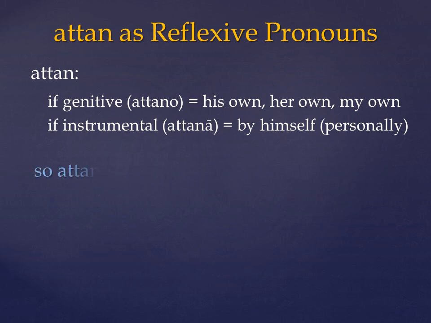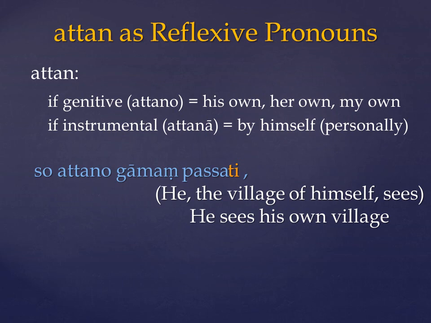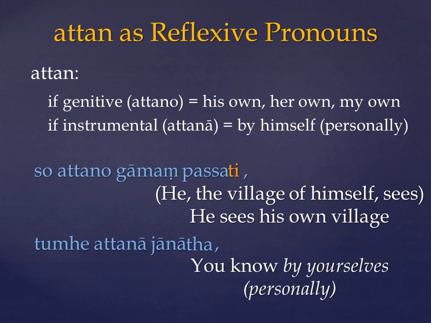For instance, so attano gāmaṃ passati literally is he the village of himself sees, or more simply, he sees his own village. And tumhe attanā jānātha means you know by yourselves, jānātha being in the second person plural. And this could also be rendered you know personally by yourselves.